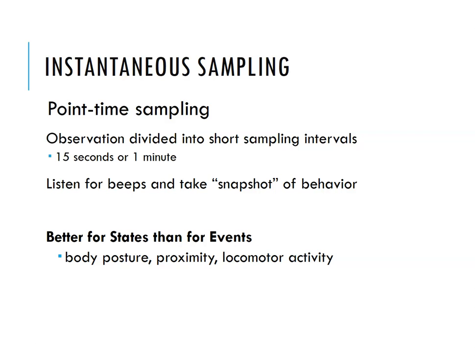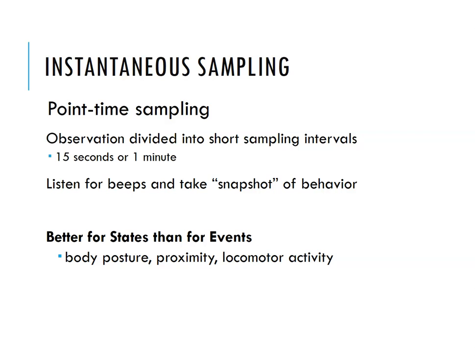Alternatively, you can do instantaneous sampling. So this is sampling that occurs at a given time point or within a specific time range. So there are sort of two ways to do this.